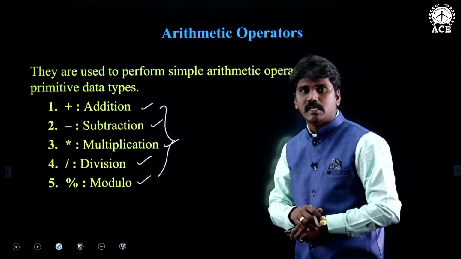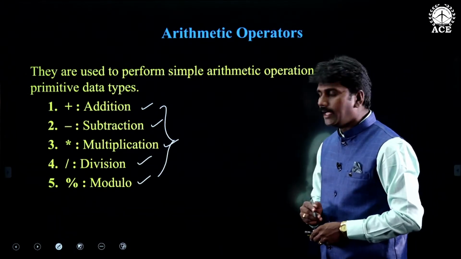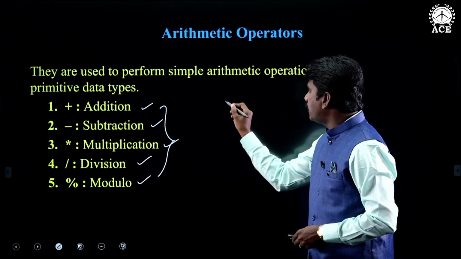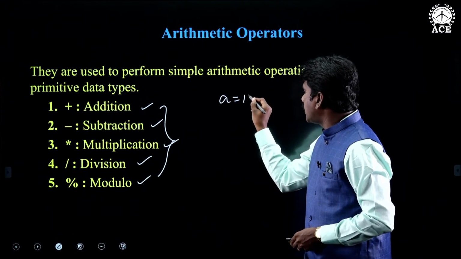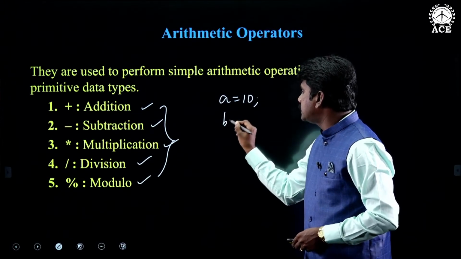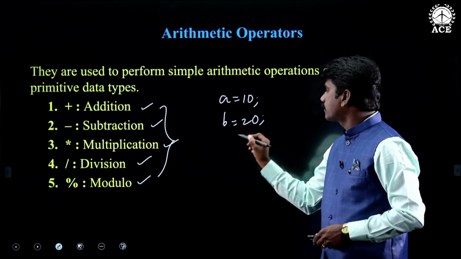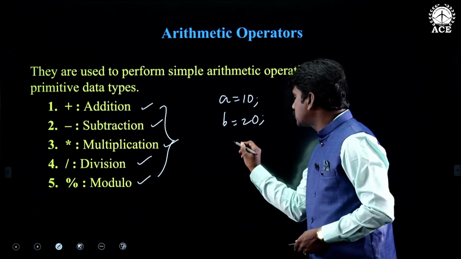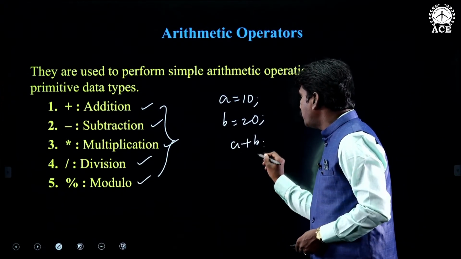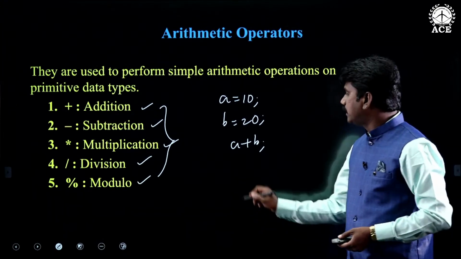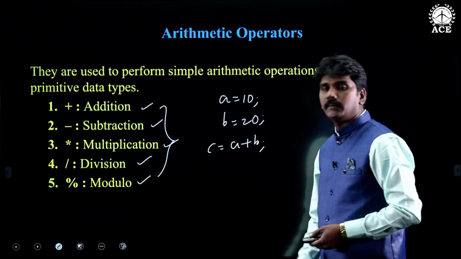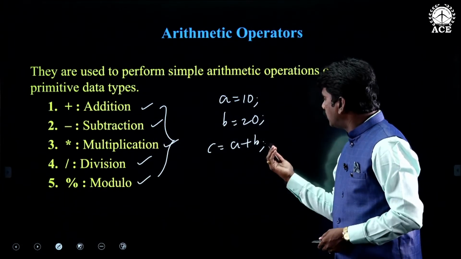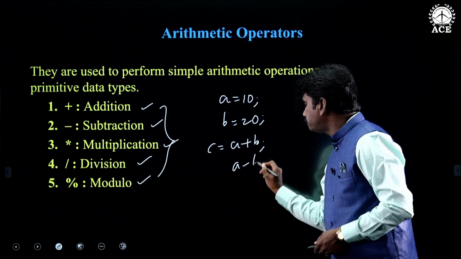Now let us understand this clearly with the help of a simple example. For addition, we use the plus operator. For example, I have two variables, A is equal to 10 and B is equal to 20. Suppose I would like to perform the addition, then I use A plus B. If I would like to store the result in some variable, I can use C is equal to A plus B. For subtraction, A minus B can be taken.